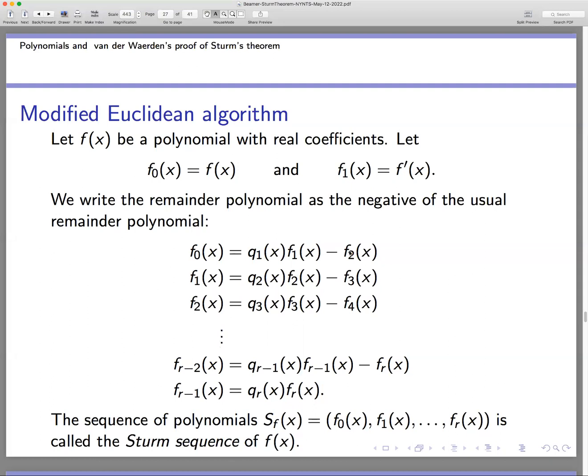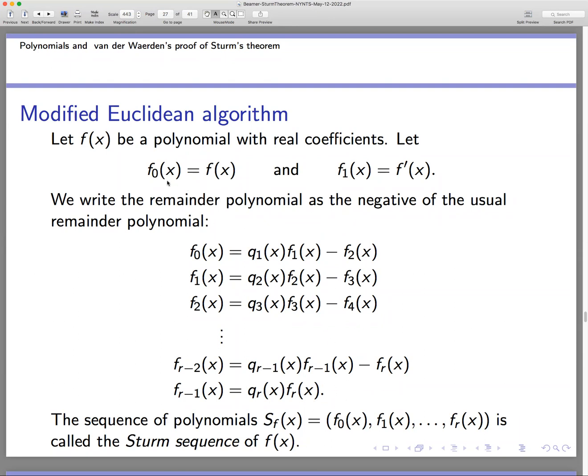So at every step in this modified Euclidean algorithm, he's writing the remainder as minus something, as opposed to plus the something. But this is still the Euclidean algorithm for any pair of polynomials f0 and f1. And at each step, the degree of the remainder is strictly decreasing, and it can't decrease forever. So you terminate with some non-zero polynomial f sub r, which is a greatest common divisor of the two polynomials you started with, f0 and f1.